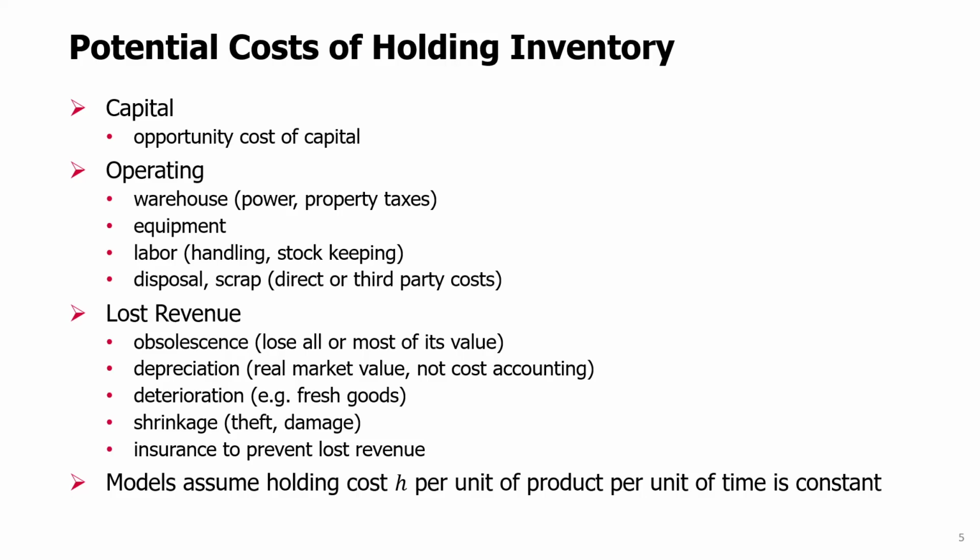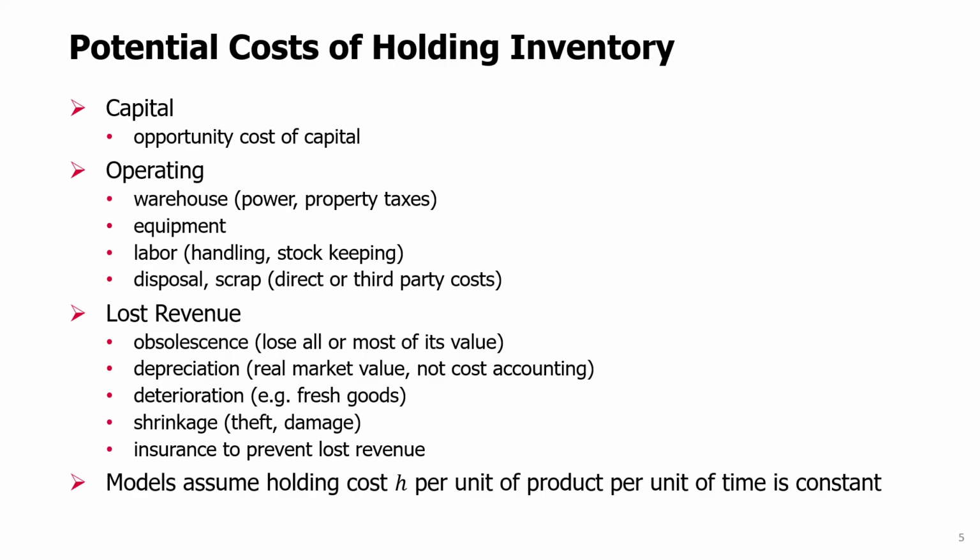The third type of cost is lost revenue, and it includes things like obsolescence, loss of value of the product, depreciation of real market value, deterioration like for fresh goods, shrinkage, and also insurance. These costs usually are easier to allocate in terms of percentage of value because, for example, if you buy insurance, you pay a premium that is usually a percentage of the value of the products.